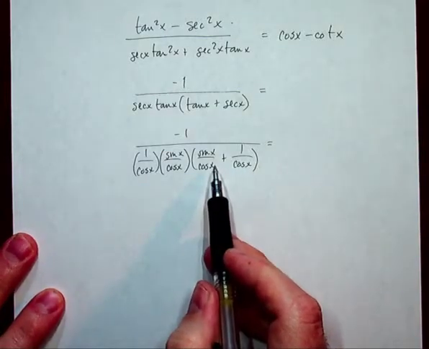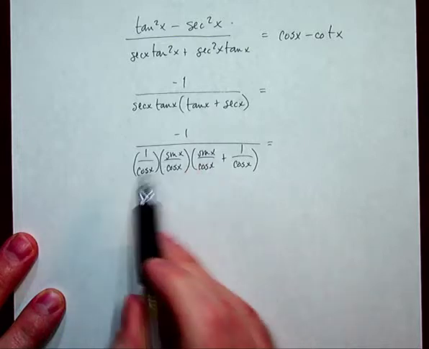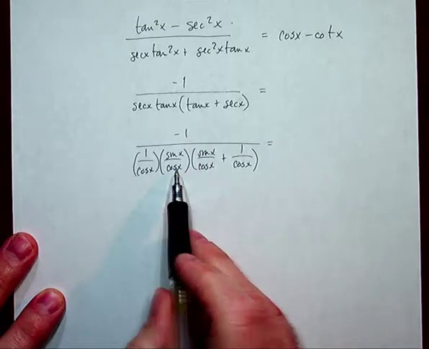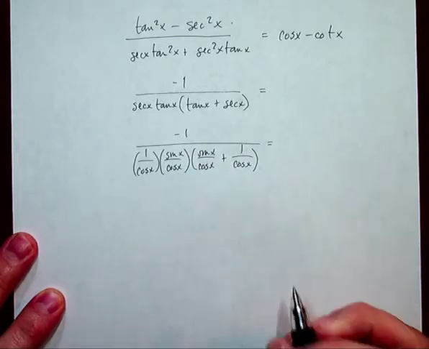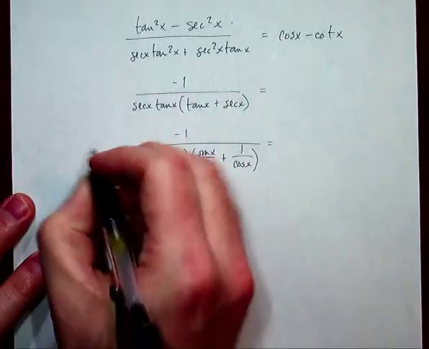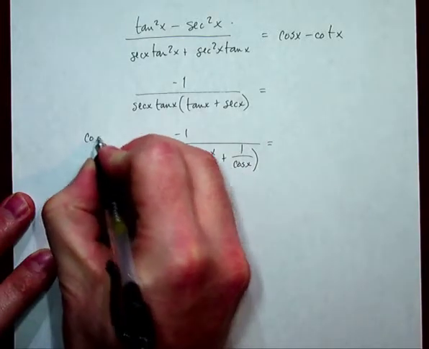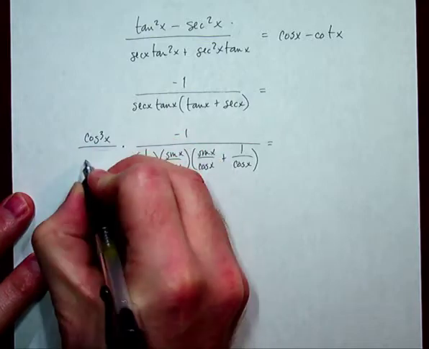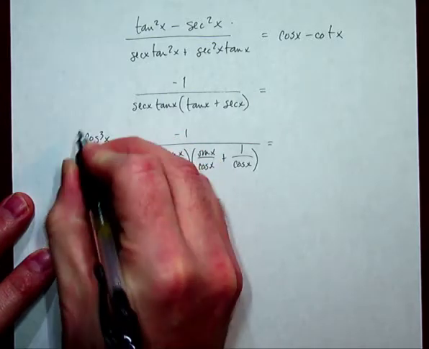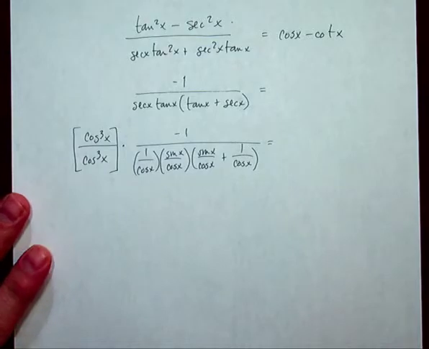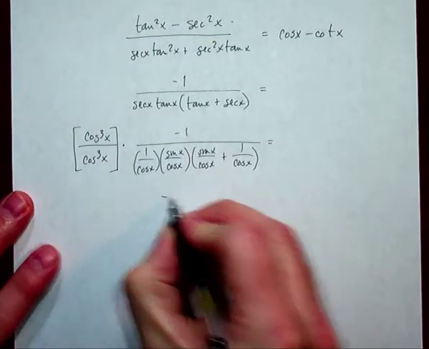Actually, you have the same problem 3 times, divided by cosine, divided by cosine, and divided by cosine. So in order to undo that, let's go ahead and multiply both the numerator and the denominator by cosine cubed. Yeah, like I said, ugly, okay?